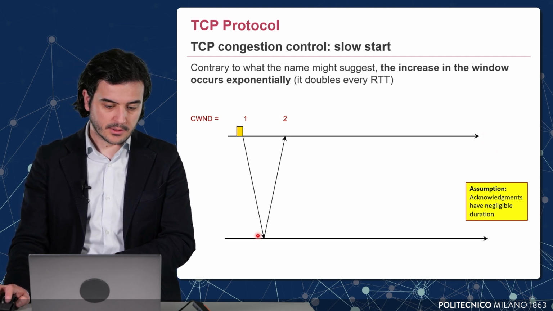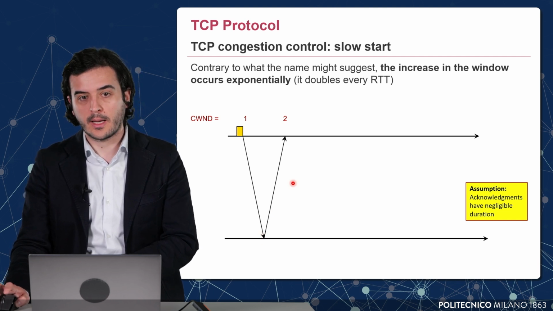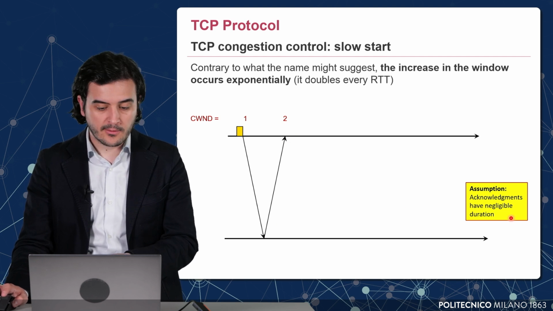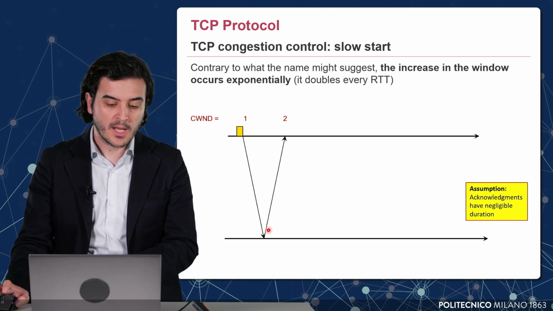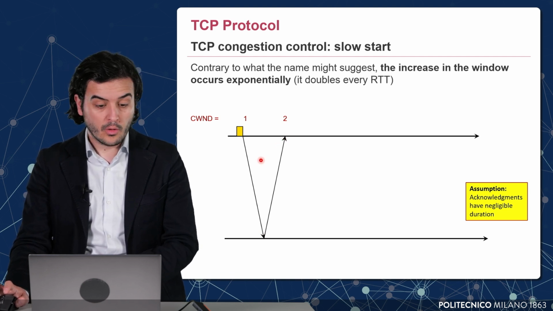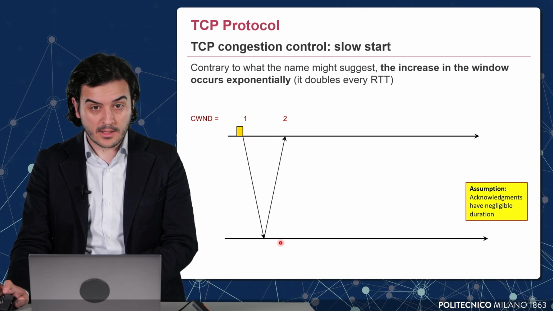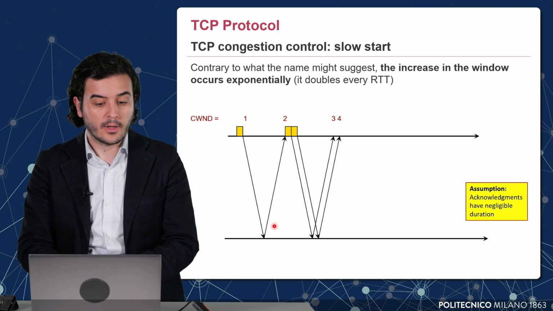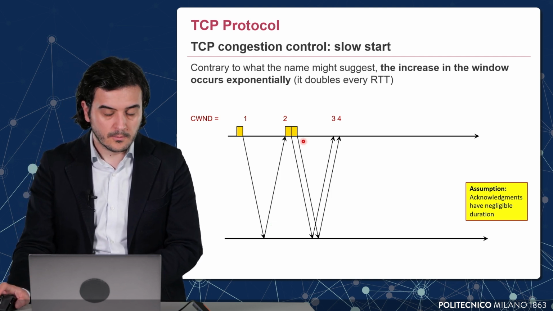When the segment is received, there will be an acknowledgement message which is sent back to the transmitter. For the sake of the argument, we have assumed that the acknowledgements have negligible duration. Now, in the next step, the congestion window will already have the segment size of 1 plus the one acknowledgement message that it has received, so the value of the congestion window will be equal to 2.